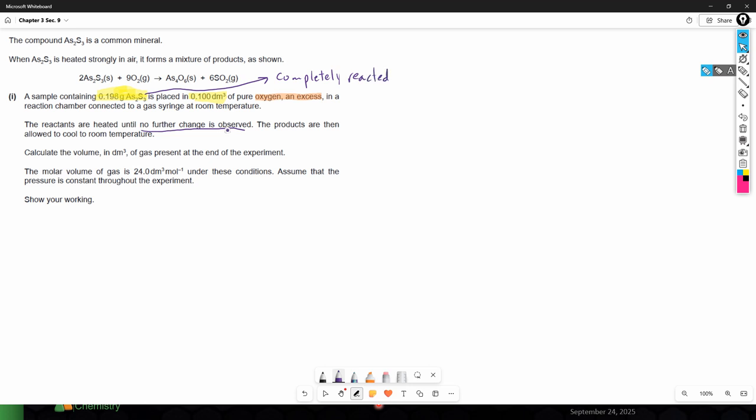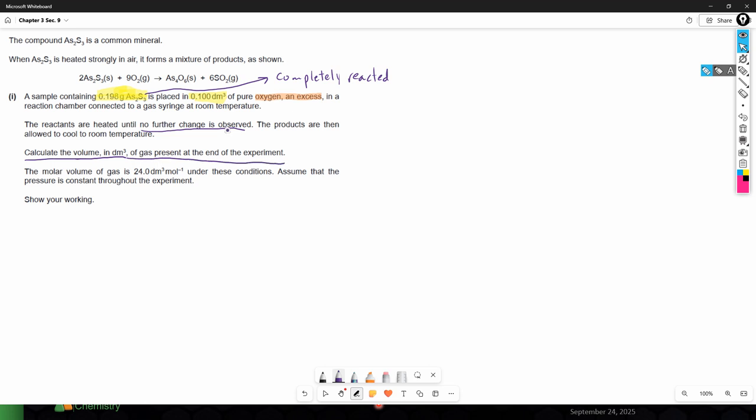We had completely reacted that large amount of As2S3. The products are then allowed to cool to room temperature. Okay, so we're going back to room temperature, which is good because we can use that 24.0 dm cubed per mole. Calculate the volume in cubic decimeters. So this is what we want to figure out. The volume in cubic decimeters of gas present at the end of this experiment.